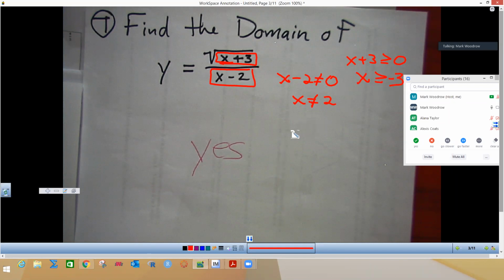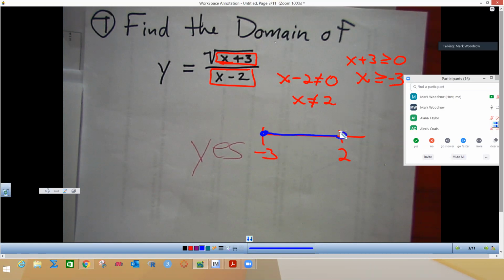So what that tells me on a number line is that the furthest left I can start is -3. And then I get a problem when I get to +2 on my number line. So -3 works because x can equal -3, which gives you 0, and you can have a square root of 0, which is 0. And then you can go this way, this way, this way.